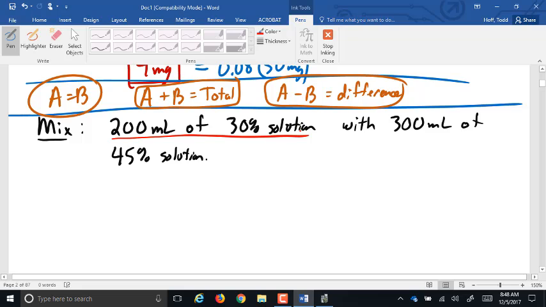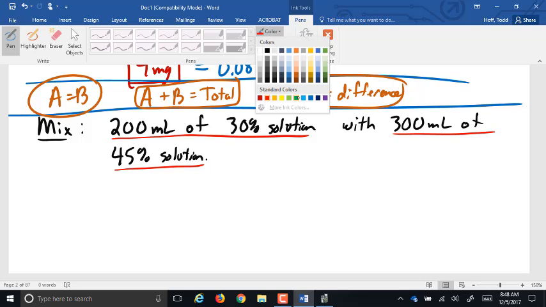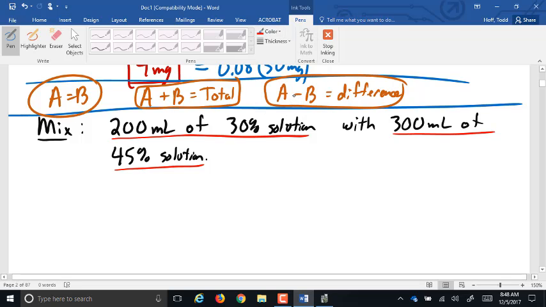We have the 200 milliliters of 30% solution and 300 milliliters of 45% solution that are going to add up to make our total solution. But what really is adding up is the milligrams or milliliters of whatever our active ingredient is in each of those inputs.